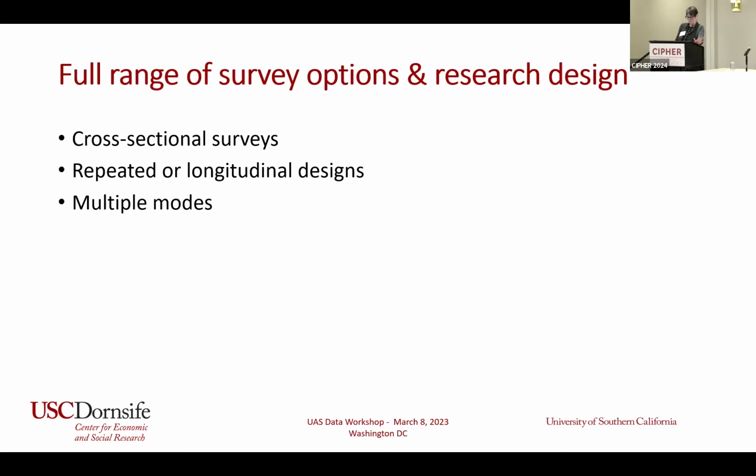For example, we benchmarked a cognitive test that we adapted for online use against the same study, doing a telephone survey to give us the ability to look at the gold standard and then create a score that worked in the UAS.